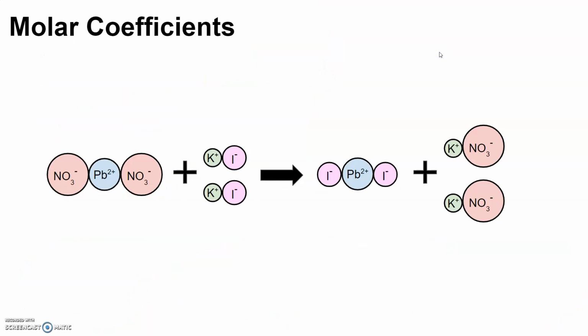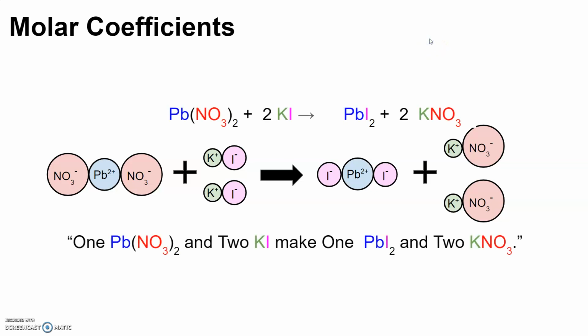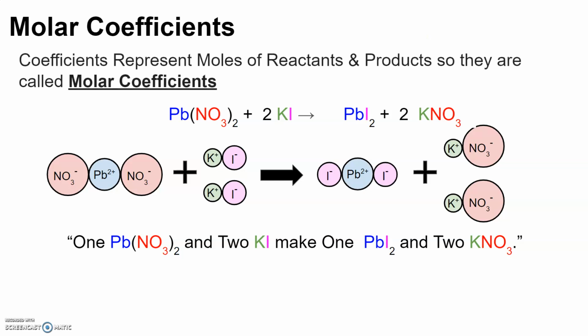So let's go back to our balanced chemical equation, which is where we started. Remember, we said that we can read this as 1 lead nitrate and 2 potassium iodides make 1 lead iodide and 2 potassium nitrates, correct? And we also said that a scientist can't measure out 1 or 2 molecules at a time. So instead of thinking of the coefficients in terms of counting numbers, we can also think of them as representing moles, because moles is representing an amount.